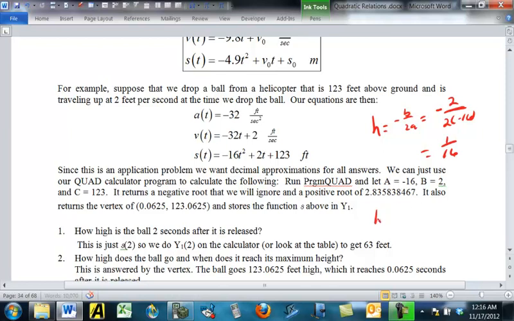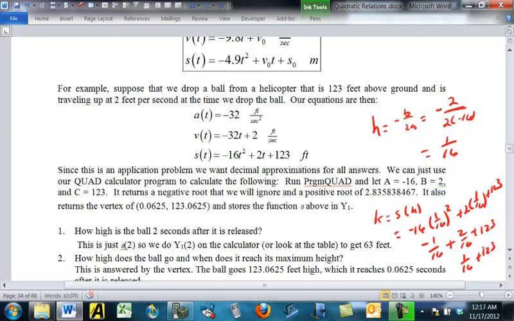And so k is s of h, so negative 16 times 1/16 squared plus 2 times 1/16 plus 123. One of these 16s will cancel that, so this is negative 1/16 plus 2/16 plus 123. So it's 1/16 more than 123.